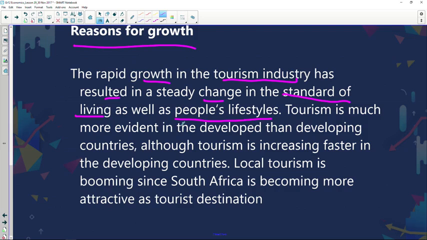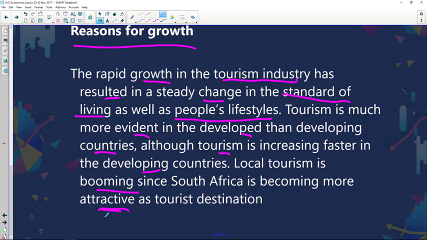So tourism is much more evident in the developed than the developing countries. Although tourism is increasing faster in the developing countries, local tourism is booming since South Africa is becoming more attractive as a tourist destination.